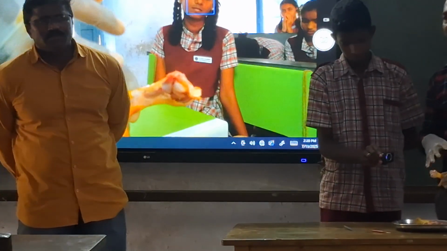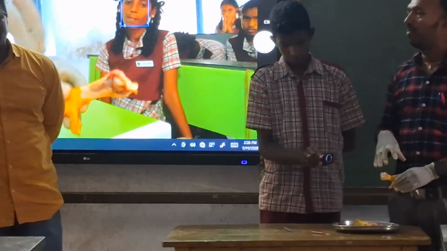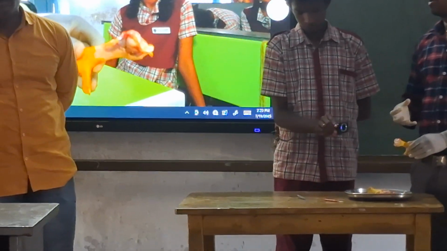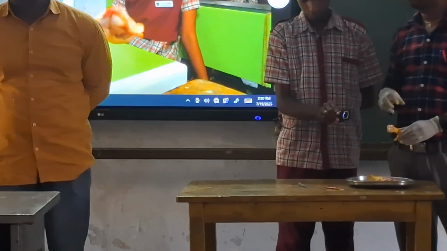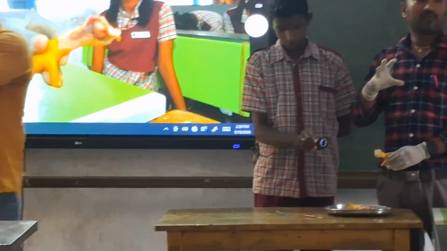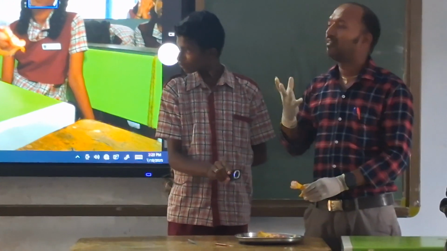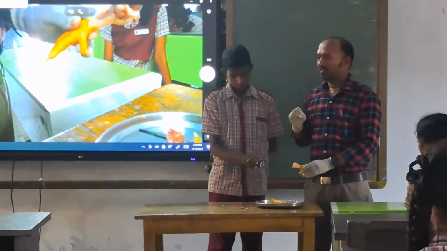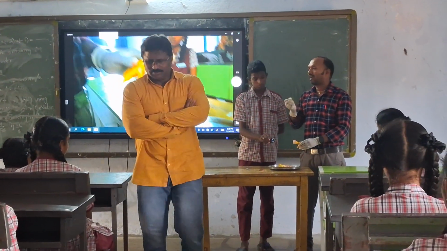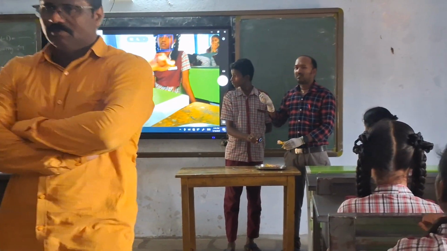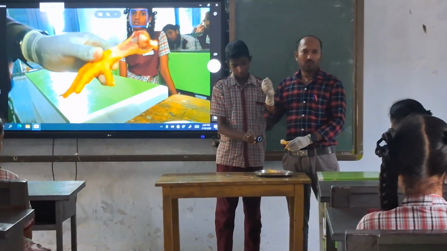With the help of muscles and tendons we can move bones as we want.